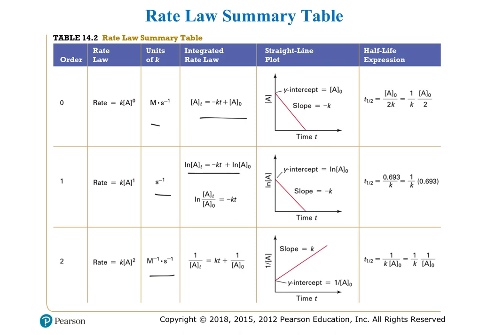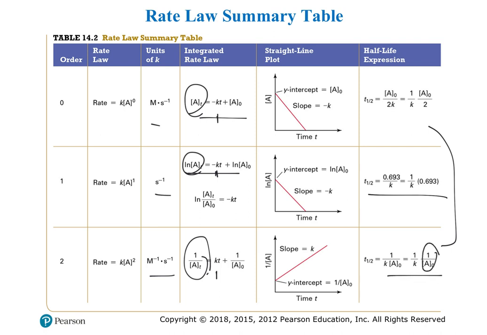You don't have to memorize, but just know that first order is linear with natural log, second order is linear with inverse relationship, and zero order is just linear on its own. Be able to recognize what the slopes give you of the lines and the half-life equations that go with them. Notice the half-life equation for first order involves natural log, for second order involves an inverse relationship, and zero order involves a direct relationship. So I'm hoping that will help keep it straight.